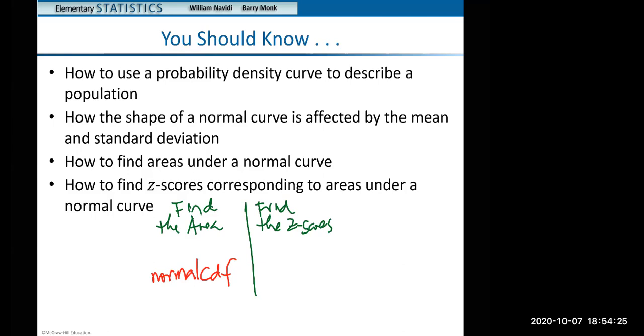Find the z-scores, you have to use inverse norm. Okay, so don't forget that.